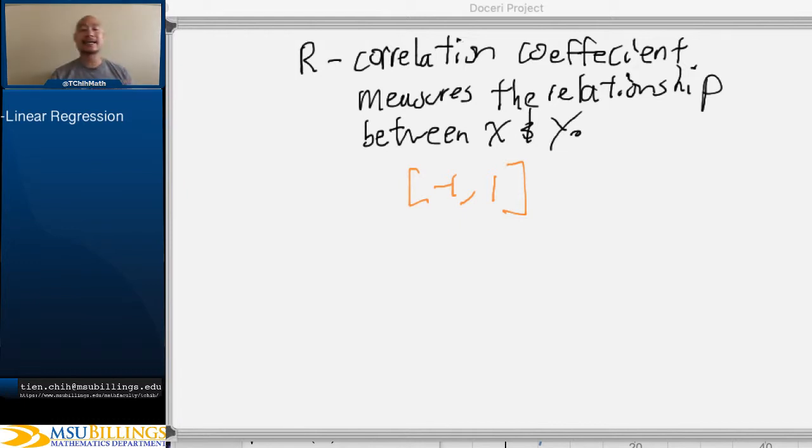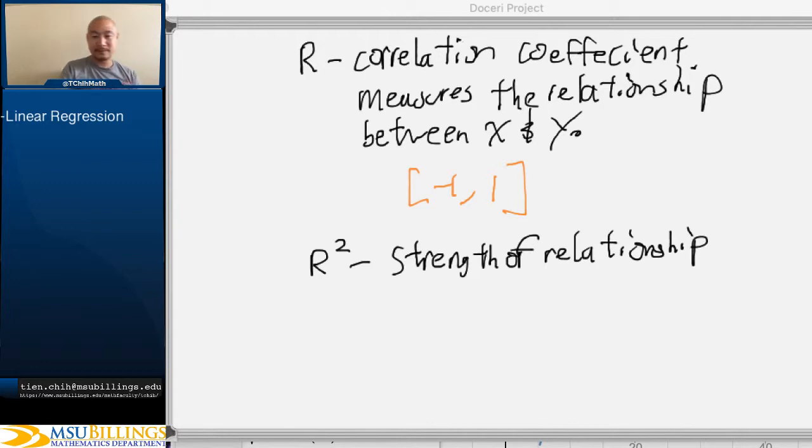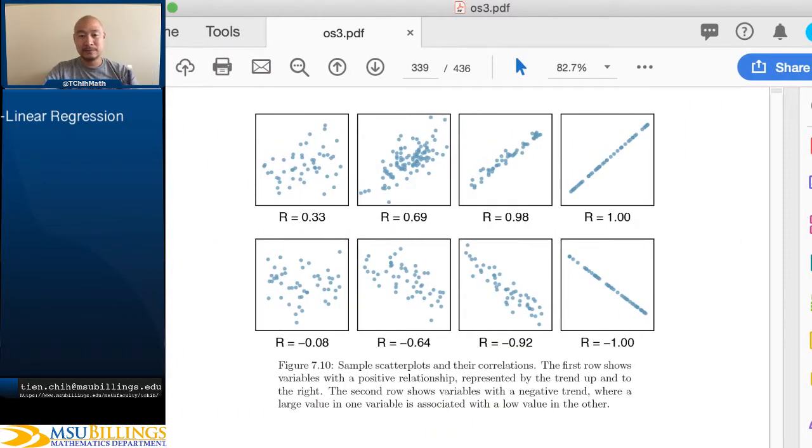And so if you didn't care whether or not the relationship was positive or negative, you just wanted to measure the strength of the relationship, the way we measure that is with r squared. And so, right, 1 and negative 1 are different, but if I squared r, then I get 1 and I get 1, and those are both positive relationships, right?